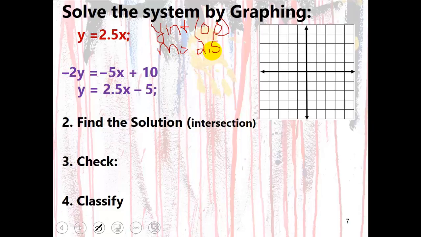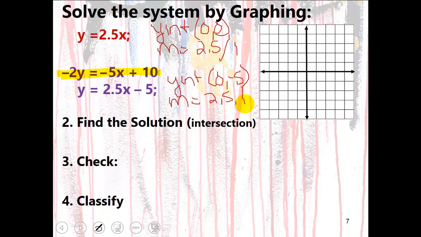On this problem here, I chose to get it in slope-intercept form. And so my y-intercept is (0, -5), and my slope is the same thing as 2.5 over 1, or up 5 over 2. That would also get you there.